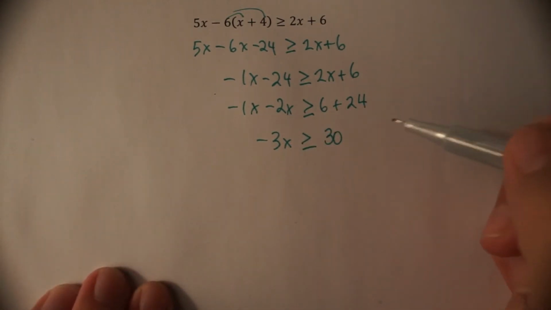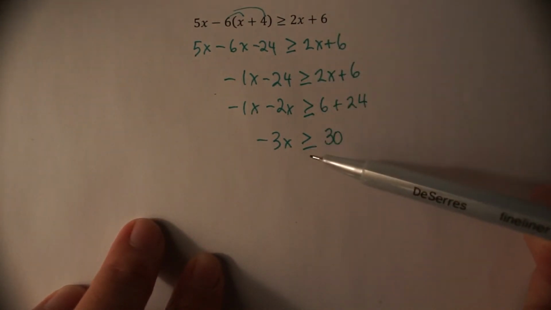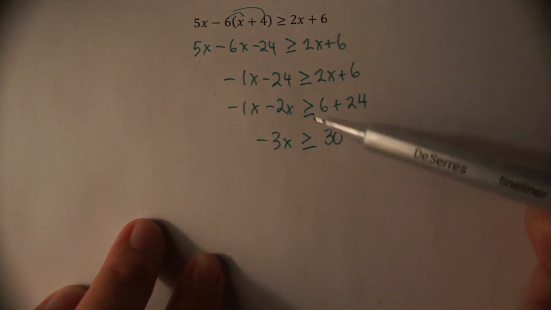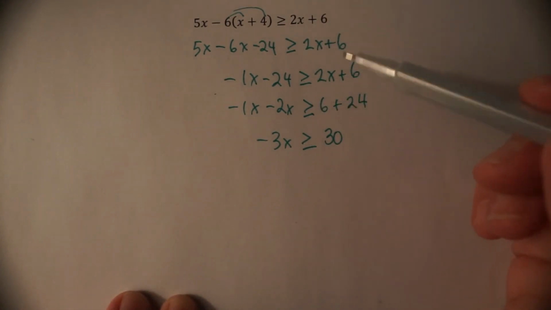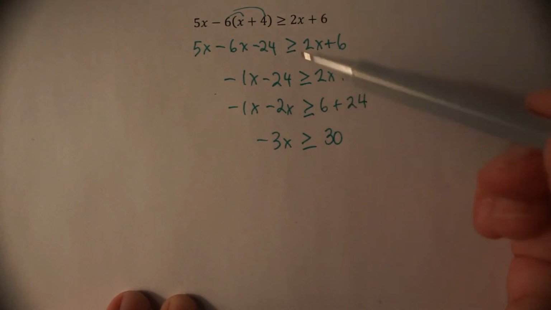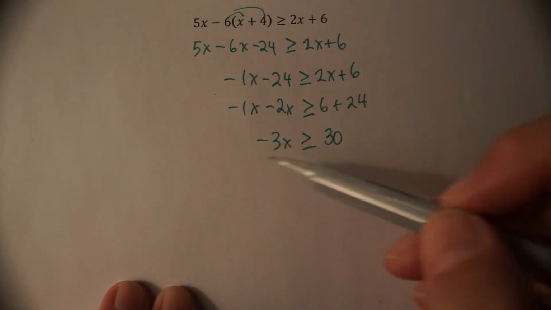Now, I'm going to stop for a minute because remember I said just treat it like an equal sign and go ahead and isolate your x. And that's all well and good. But there's one extra problem, and that is if I go to divide or multiply by a negative.